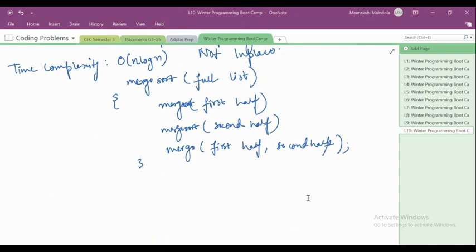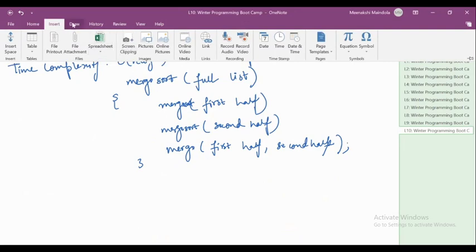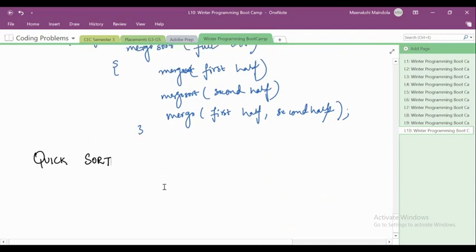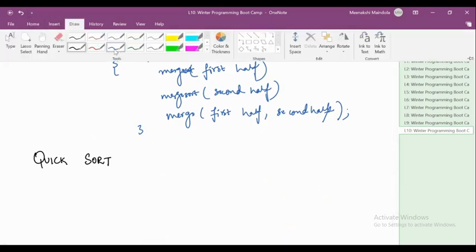Okay, so let us move ahead and let us talk about quick sort now. Let us take an example like we did for merge sort and understand how quick sort works. So let me write down an example and then we will move ahead with this.